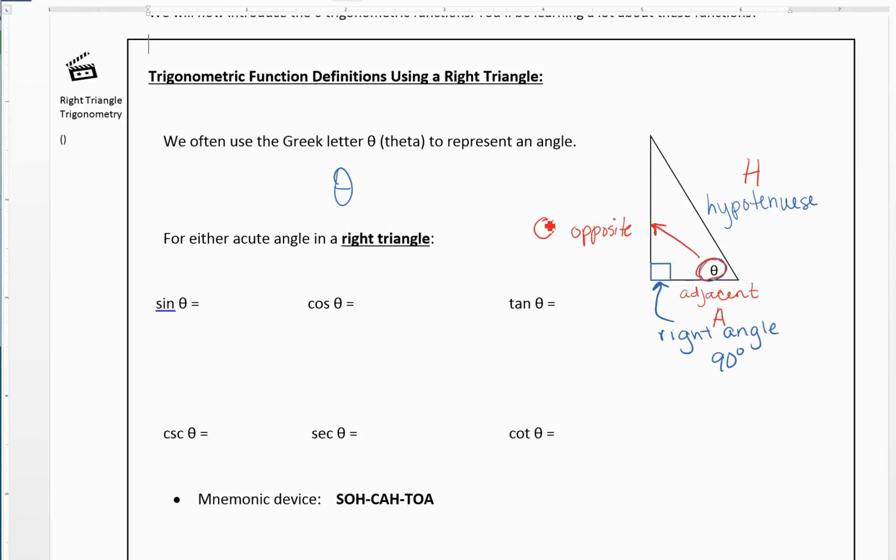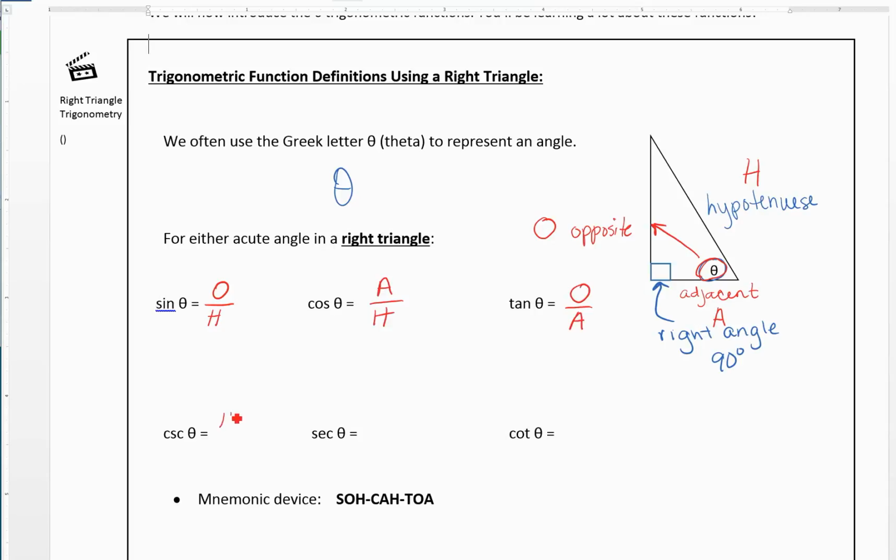Okay, and we'll have numbers here, we'll have lengths. To get sine of the angle theta, we take the length of the opposite side and divide it by the length of the hypotenuse. For cosine, we take the length of the adjacent side and divide it by the hypotenuse. For tangent, we take the opposite side over the adjacent side.